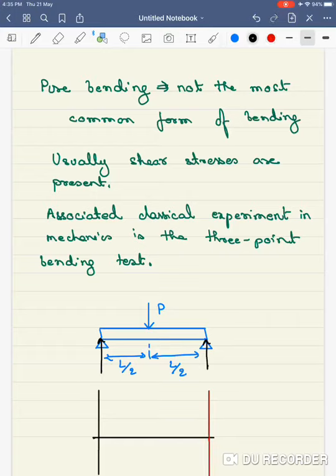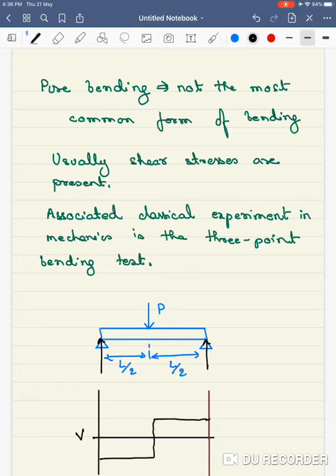Okay, so now if I were to plot the shear stress V, what you'd find is that the shear stress remains negative, and then suddenly it jumps right at the middle to a certain value, and finally goes to 0 at the end, right? And it maintains a constant value like this.